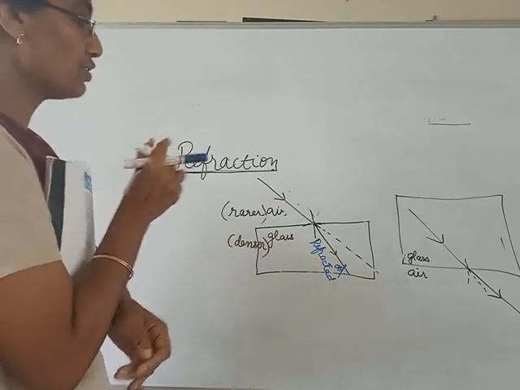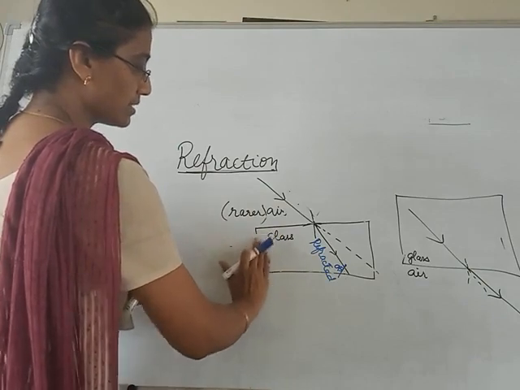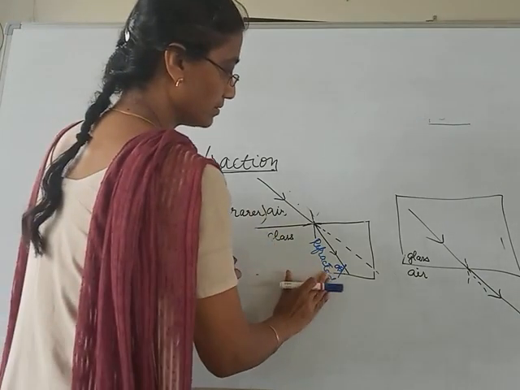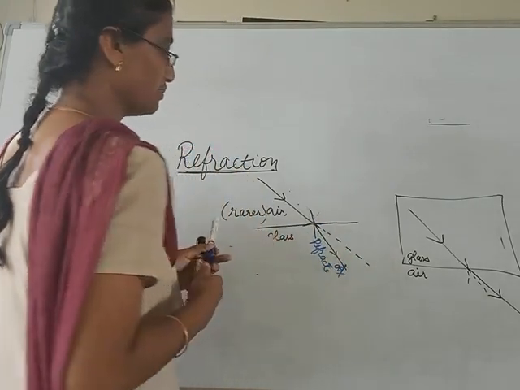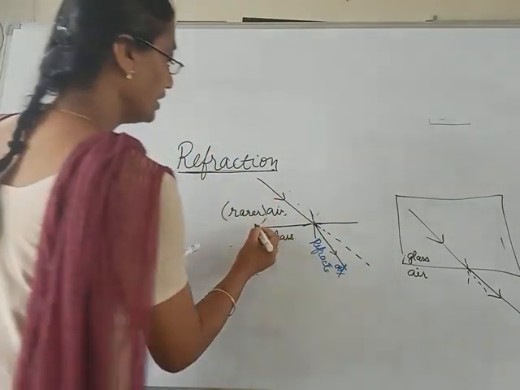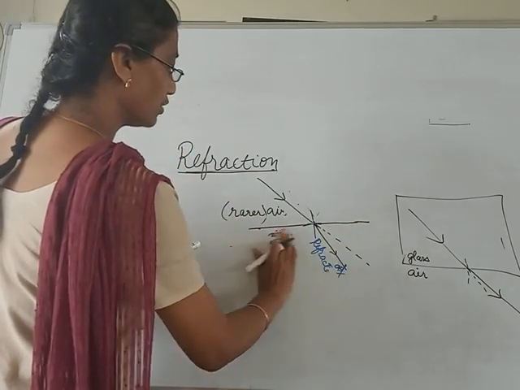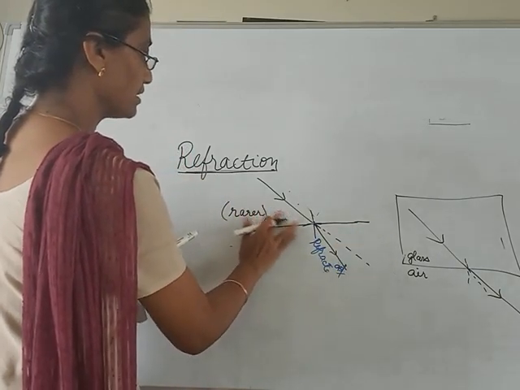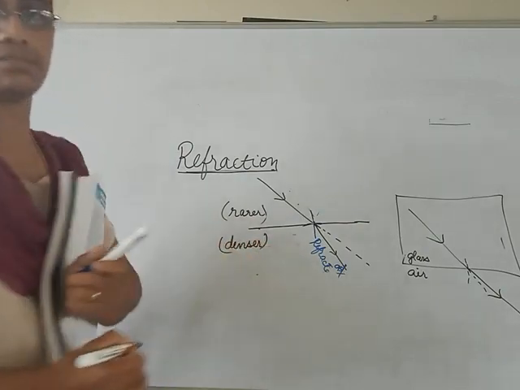They have not shown the glass and all that, in the sense they have not shown the block. They have just shown the surface of separation because it is a surface phenomenon. It's enough if you show the surface. They have not even shown the exact medium. This is a rarer medium and this is a denser medium.